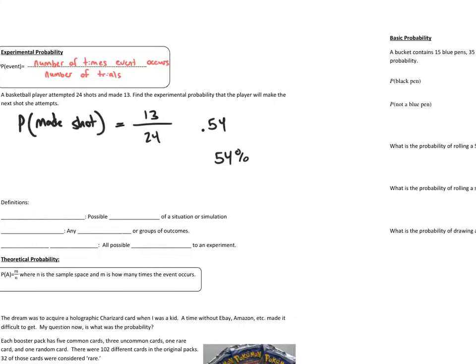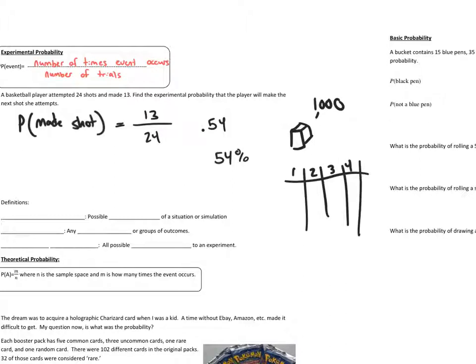Because if you had your dice, draw a cube here, and you had rolled it, let's say 1,000 times, and then from that 1,000 times, if you had kept track of how many times it landed on each number, you would then have a pretty good idea of what the probability is of it landing on a certain spot.